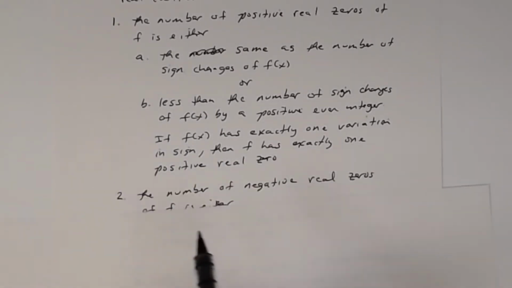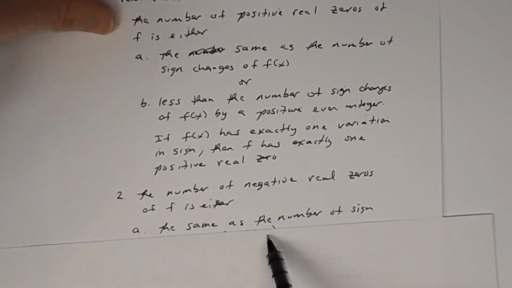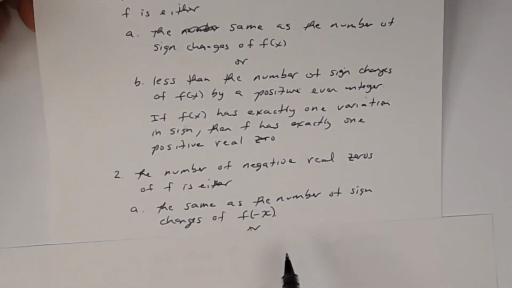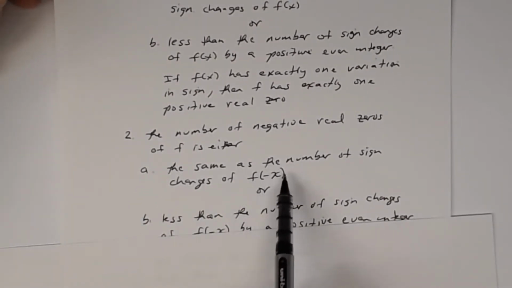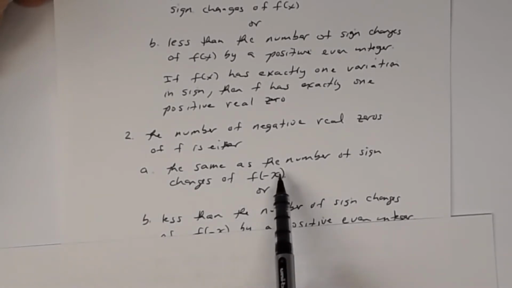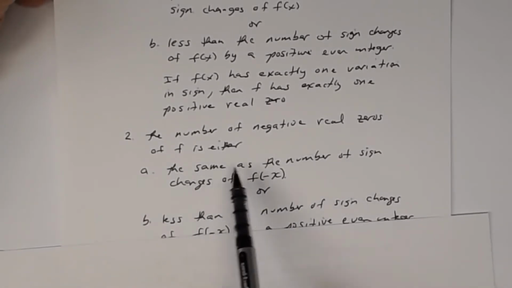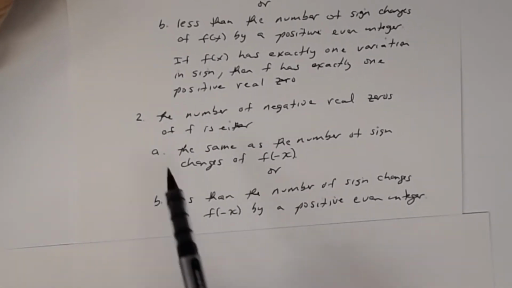Well, what do we look at if we're trying to determine the negative real zeros? Well, you've had practice like this in a previous course and also in this course. You're going to look at f of negative x. So you're going to figure out, well, first of all, what's f of negative x? And then you're going to look at the sign changes. And then the b part is the same as the b part here.